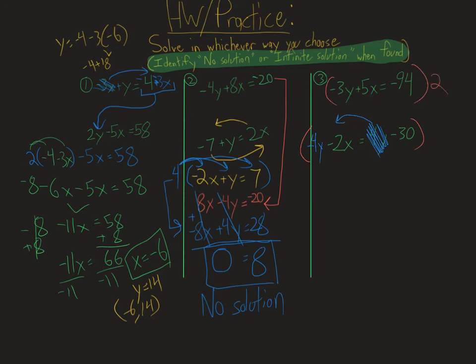So I'll multiply by 2 on top and then 5 on bottom to make 10s for both x's. They're already opposite signs, so I'm good to go. So that's going to be a negative 6y plus 10x equals, and whatever 2 times 94 is 188, negative 188. Okay, that's this guy.